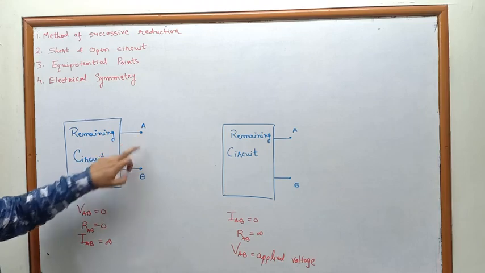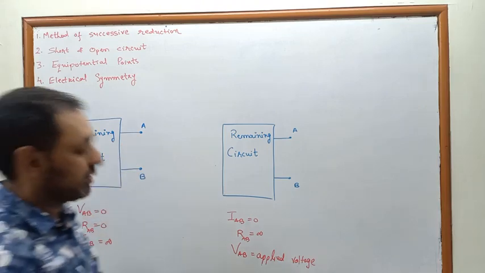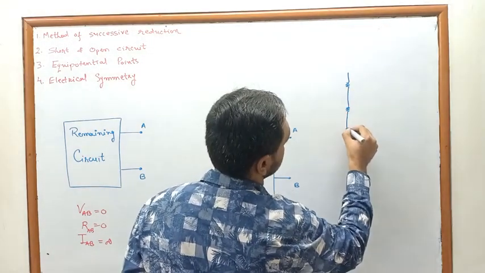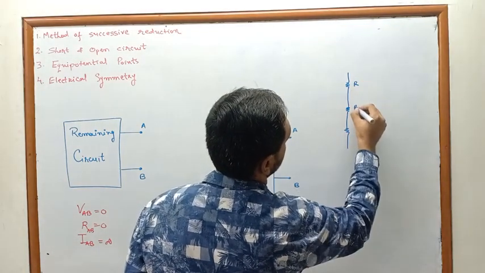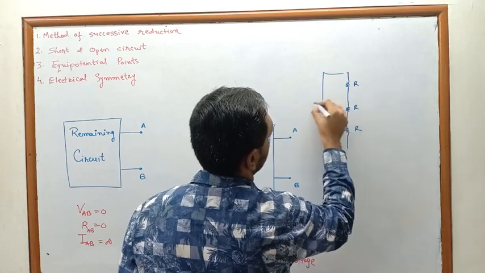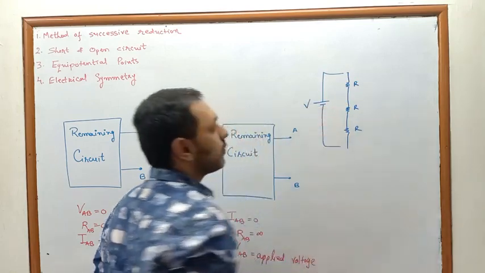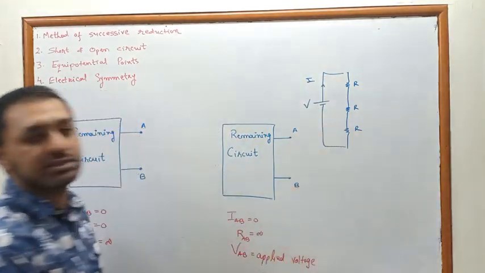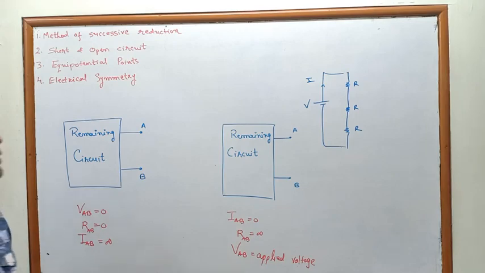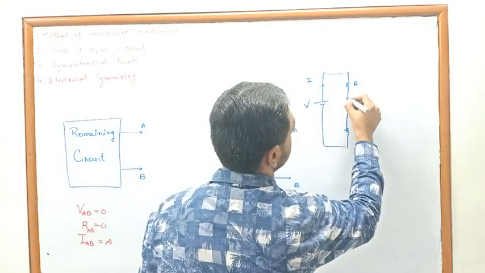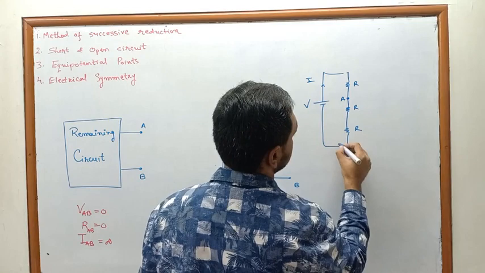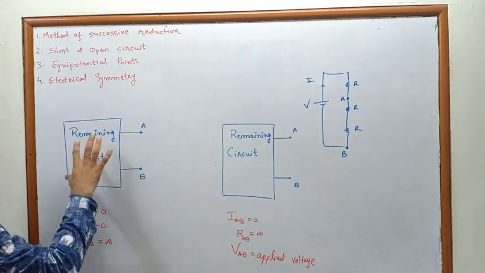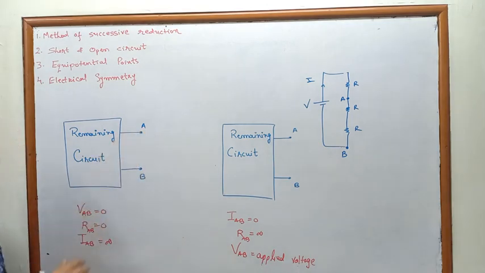Now you can see these points A and B. Suppose I draw one network over here, with a resistor R, and if you take one battery V, the current flowing through this circuit is I. Say this is point A and this is point B. So this is the remaining circuit, and I have drawn only points A and B over here.